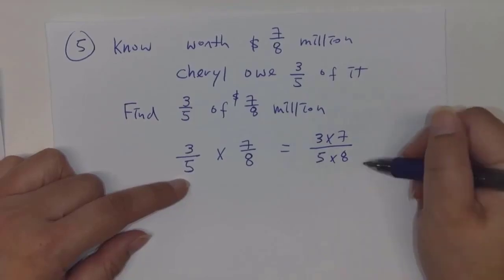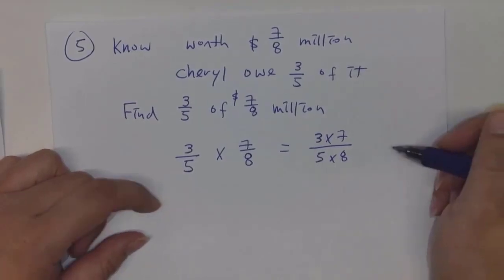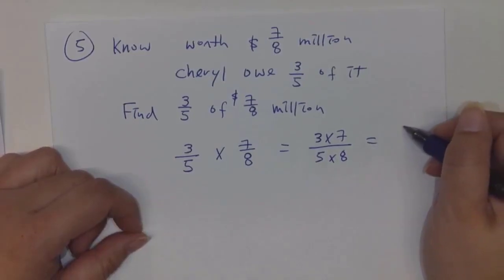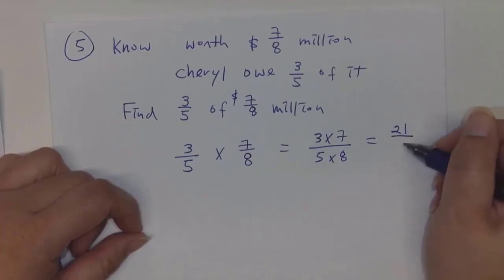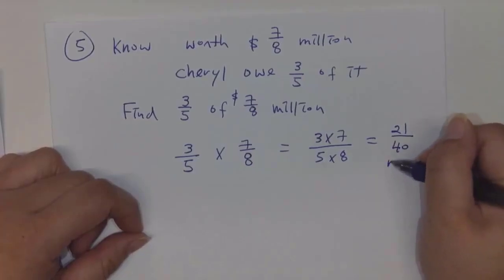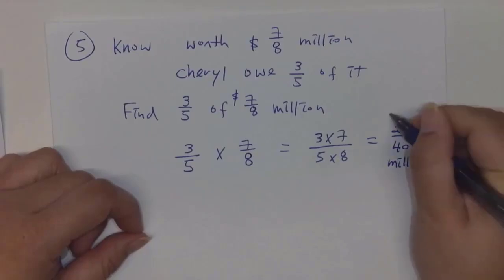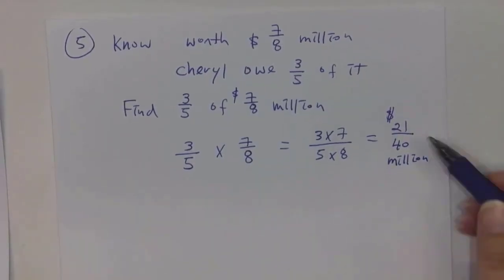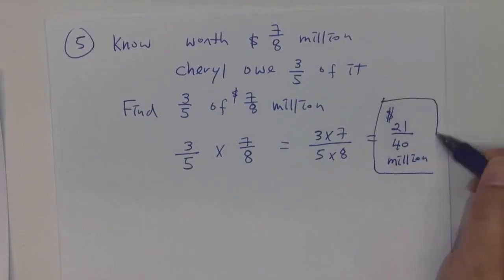If anything on top can reduce with anything at the bottom, you can reduce it, but this one looks like you don't have anything. So after you multiply together, what do you get? 21 over 40 million. So that sounds weird, right? So how much exactly is that?